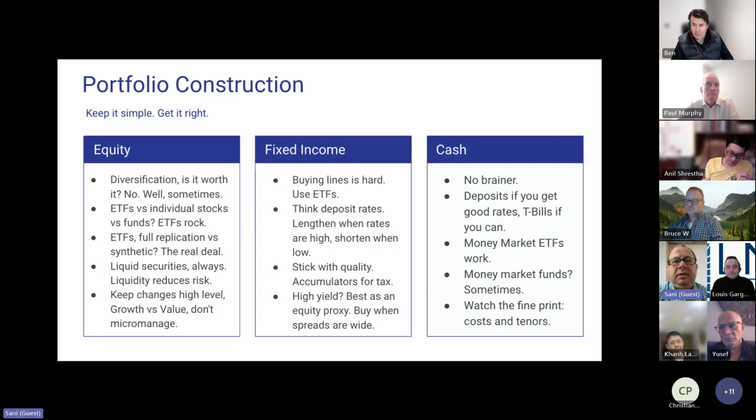However, just to mention high yield, because that's something that comes up sometimes in our conversations, but also outside our conversations. Is it good? Is it not good? I like to look at high yield as a proxy for equity. So at times I may take some of my equity exposure and say, well, rather than actually buy stocks, I'm going to buy high yield. So I'm taking more risk vis-a-vis other, let's say, higher quality bonds, but I'm getting a higher coupon.